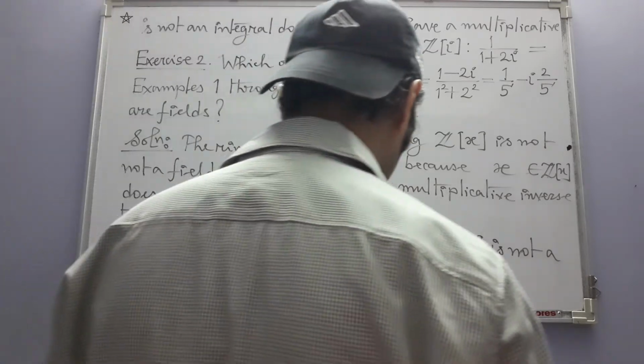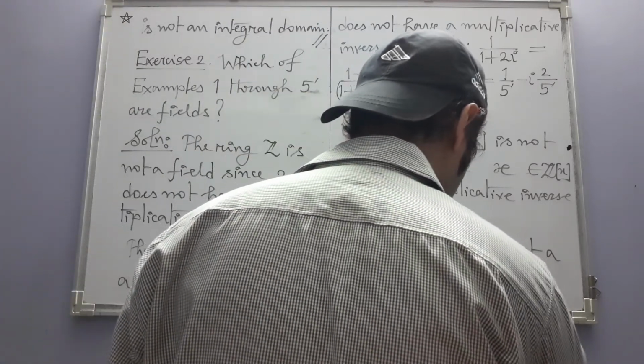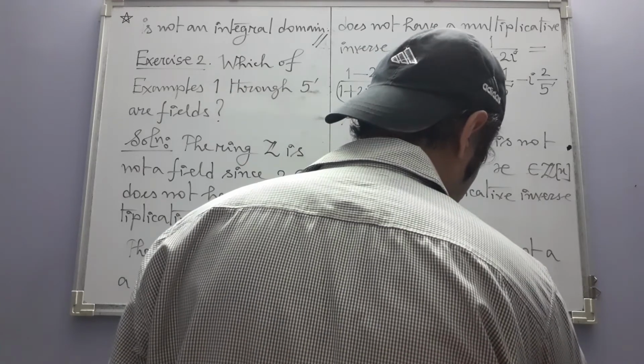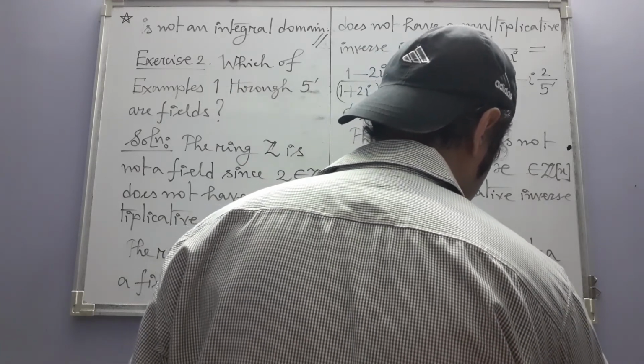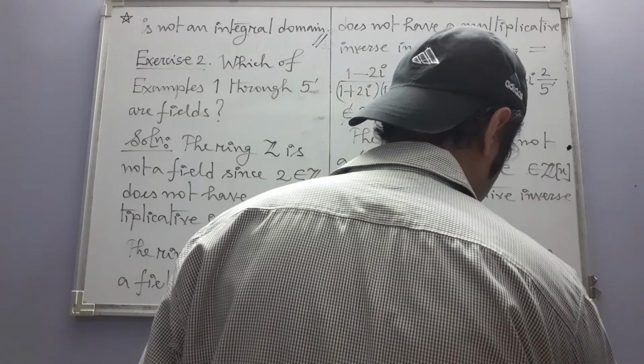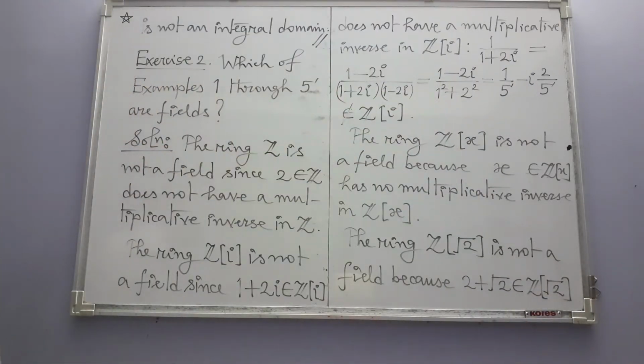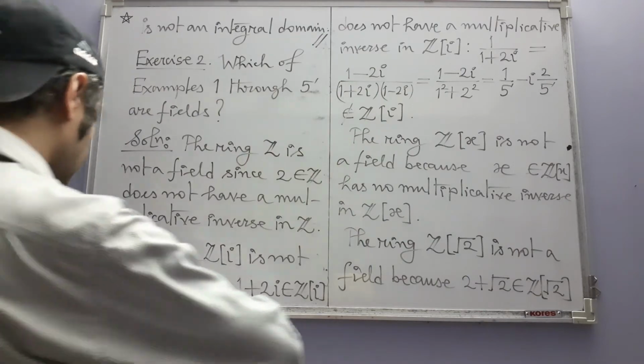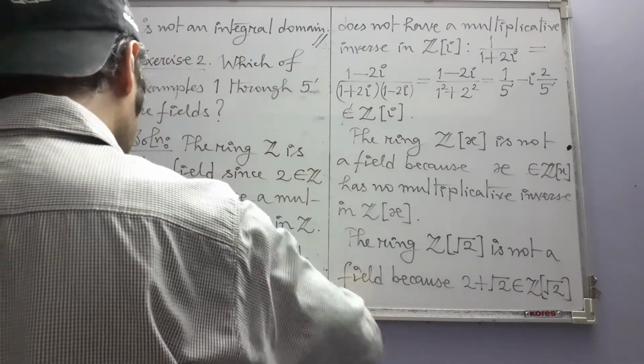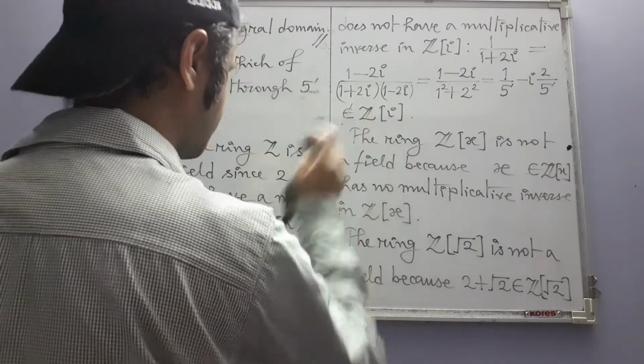Because 2 plus square root of 2 has no multiplicative inverse. And the reason is similar to this one.